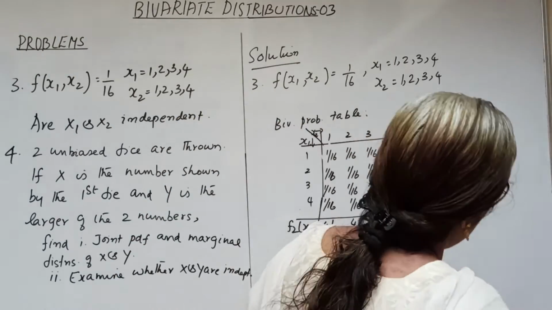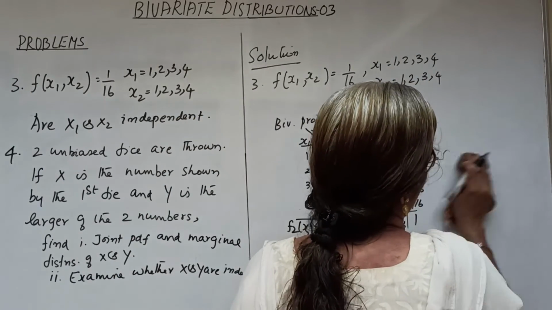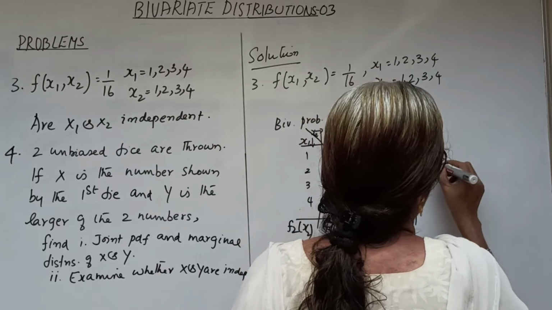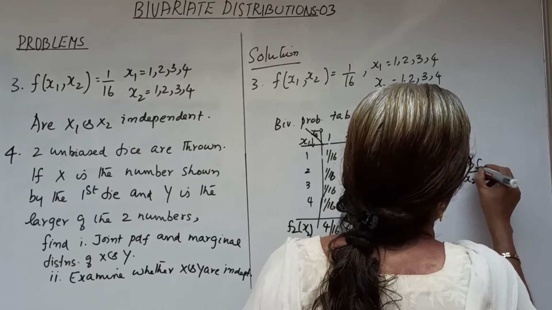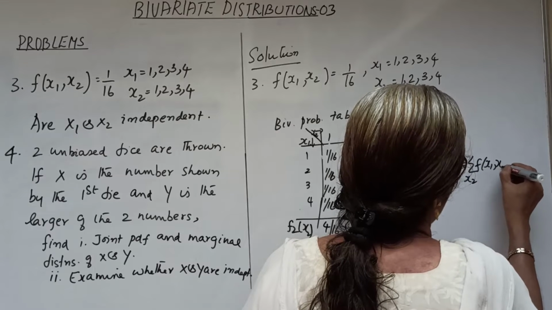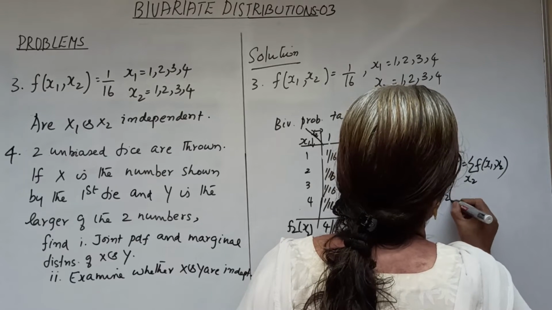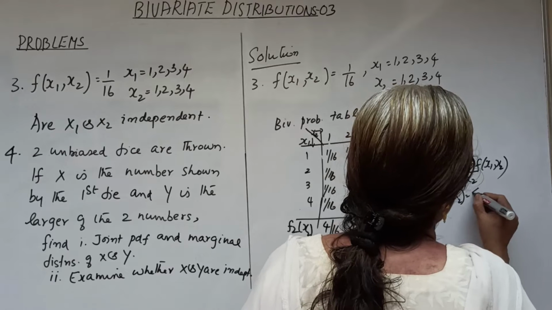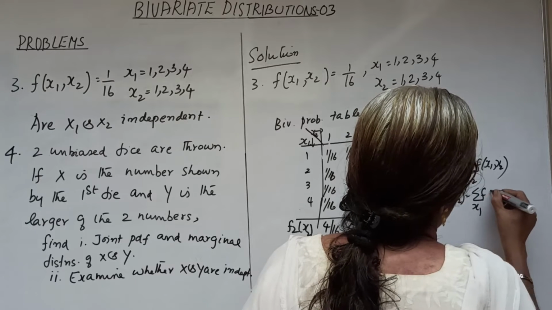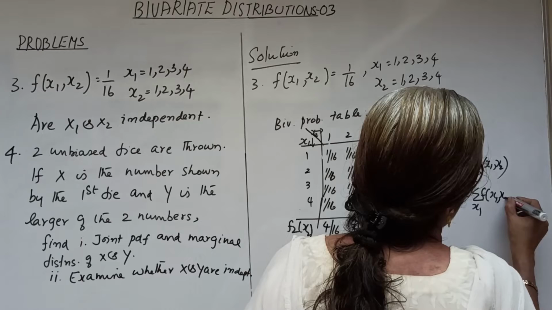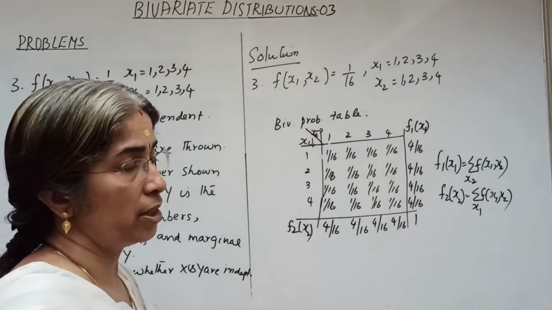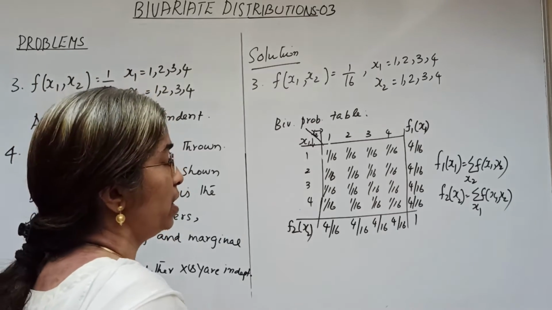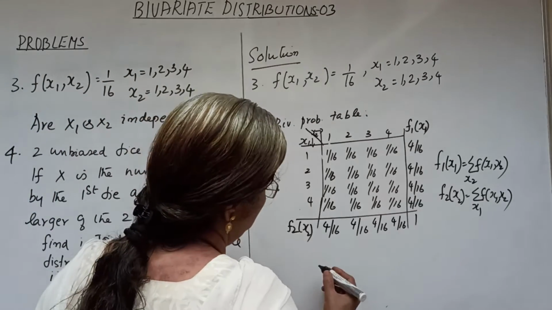It can be written as f1 of x1 equal to sigma over x2 of f of x1, x2, and f2 of x2 equal to sigma over x1 of f of x1, x2. So we have obtained the marginal distributions of x1 and x2.